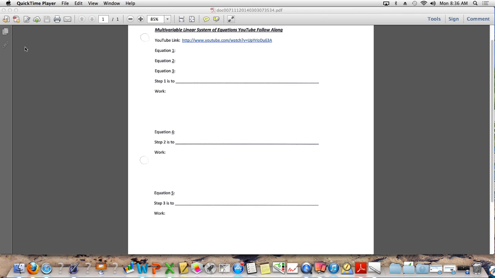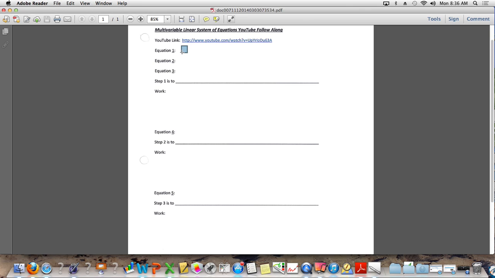On solving systems that have 3 variables, 3 equations. It's not going to be a situation where you have like z equals something specific. So, we have x plus y plus z equals 0 as equation 1.